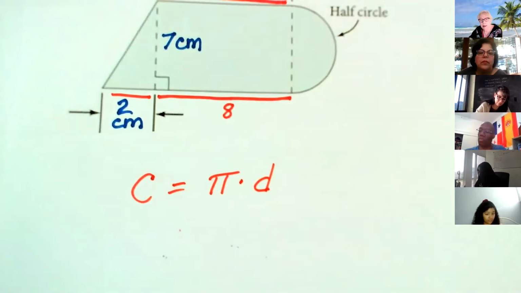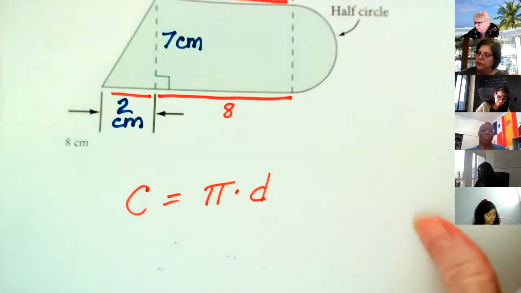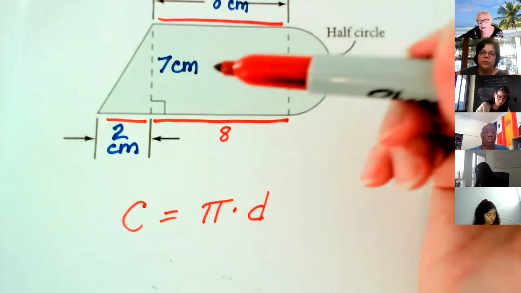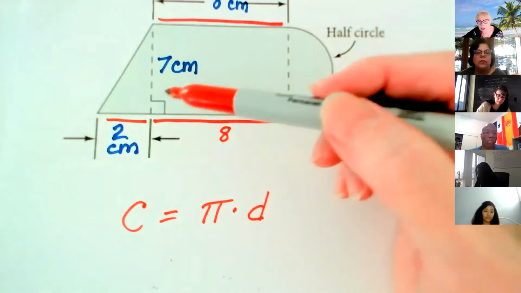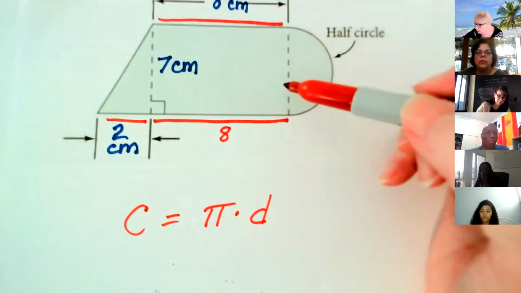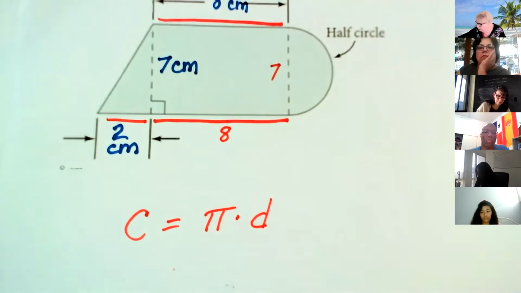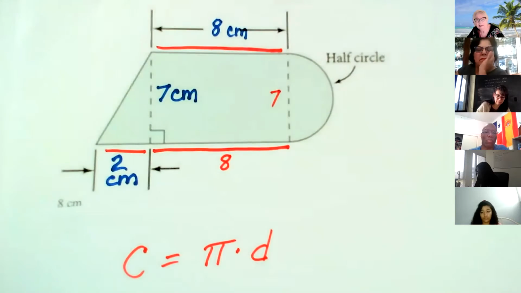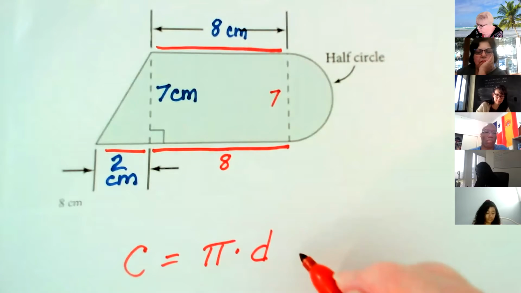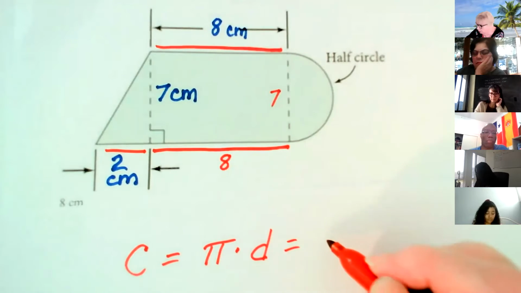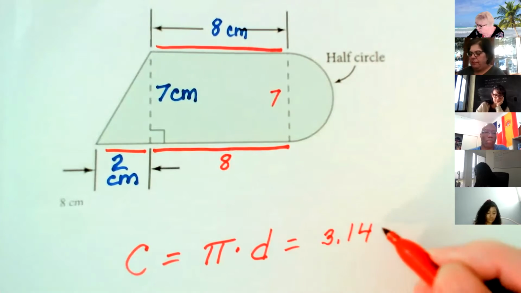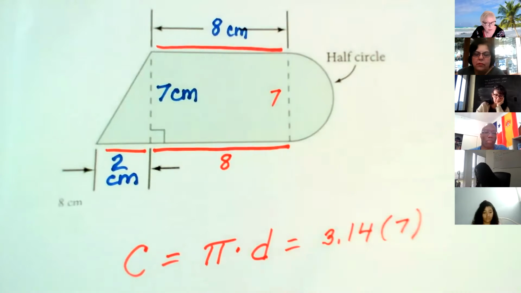And if you look carefully at this picture, this measurement with a dotted line is 7, but this one, the other dotted line is also 7.